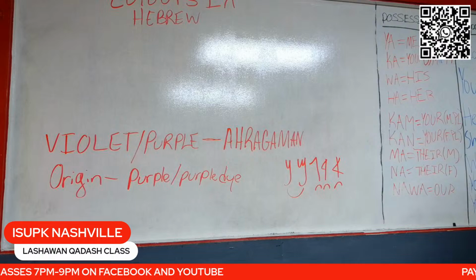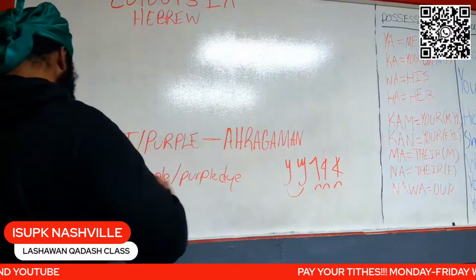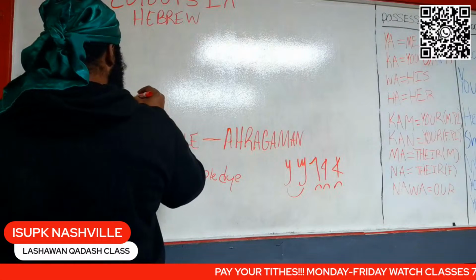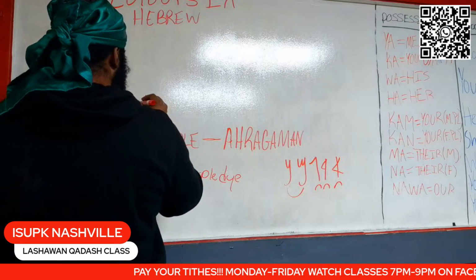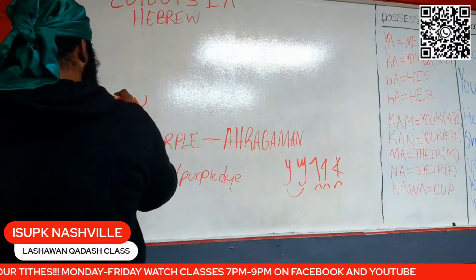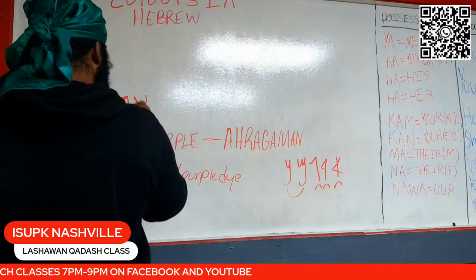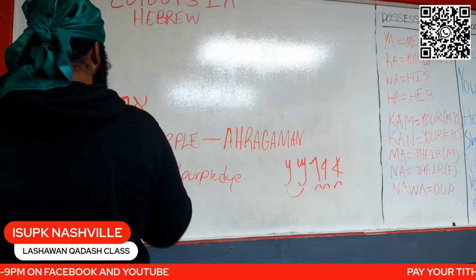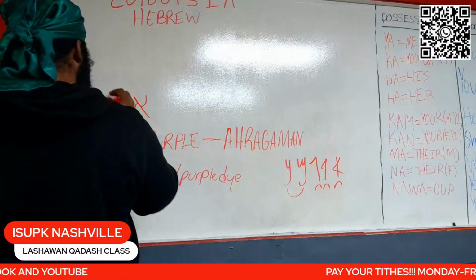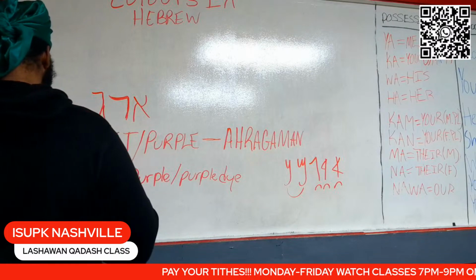This is how you write it in the Assyrian. I'm just doing it over the top of here so y'all can see that. I, Ra, Ga, Man.